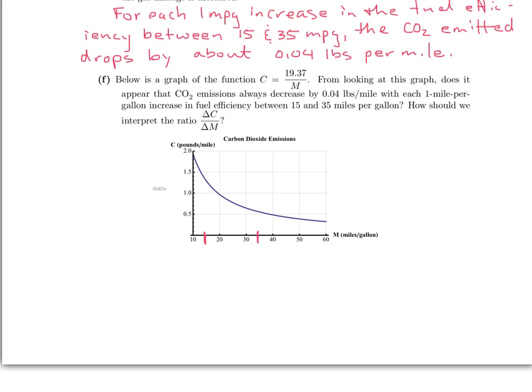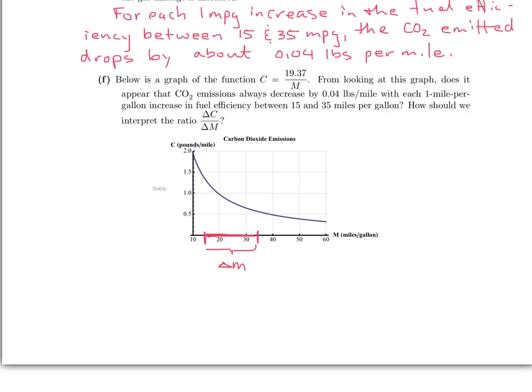And the change in our fuel efficiency is the difference of these two values. So if I subtract these two values, I get the 20. That's the delta M. So delta M on this graph is really represented by this distance between 15 and 35.